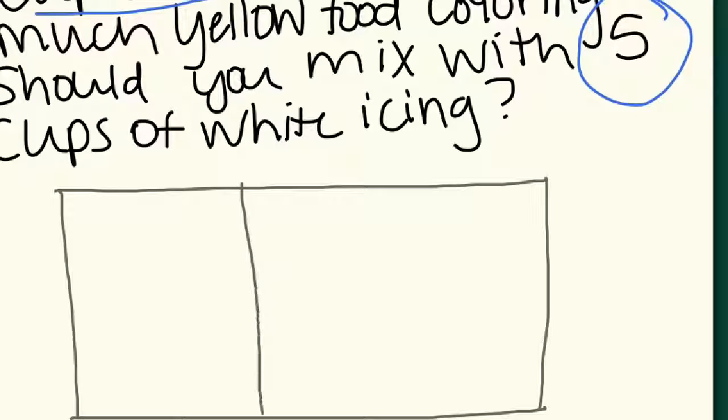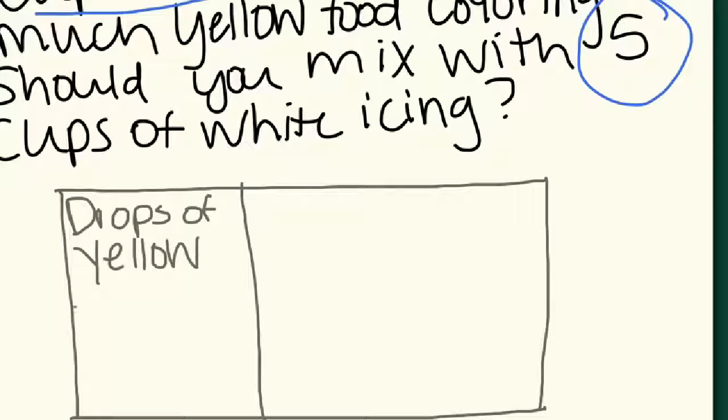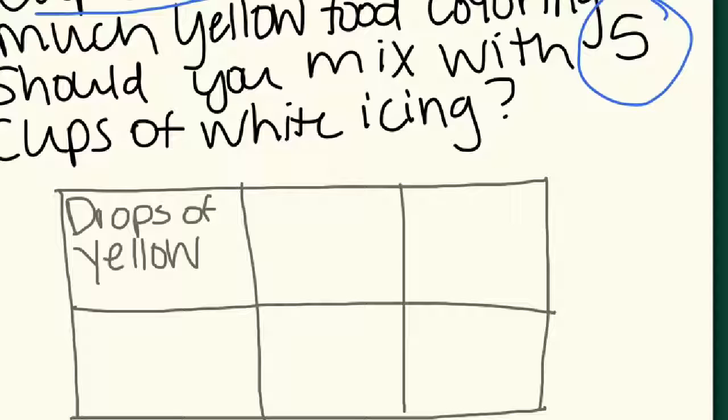Then I'm going to call this drops of yellow. Okay, draw this line here. We're going to call this one cups of icing.